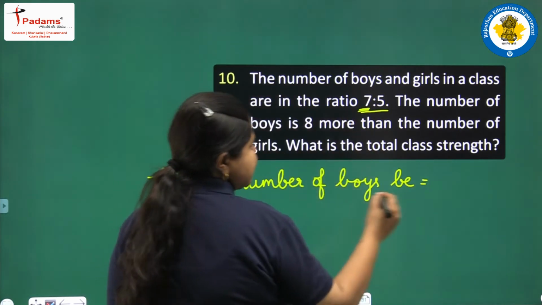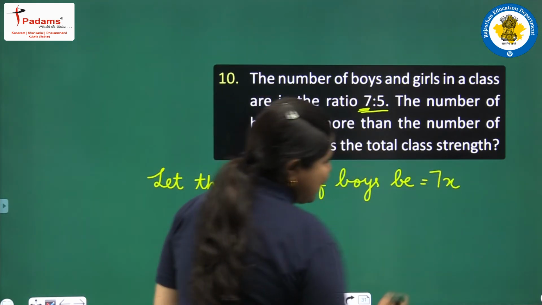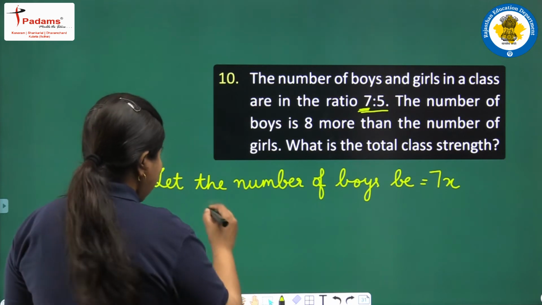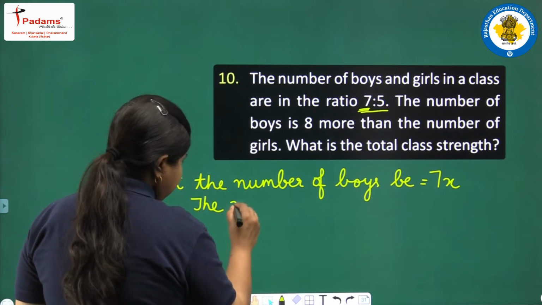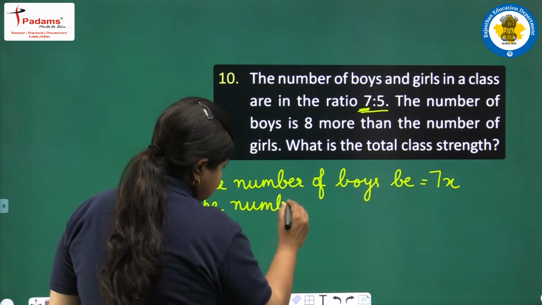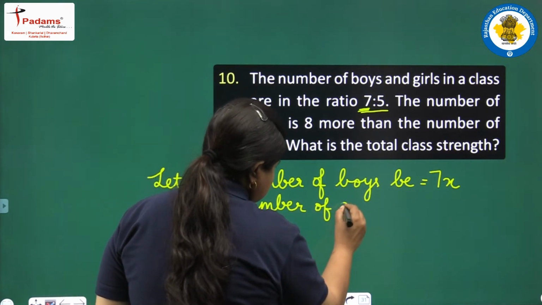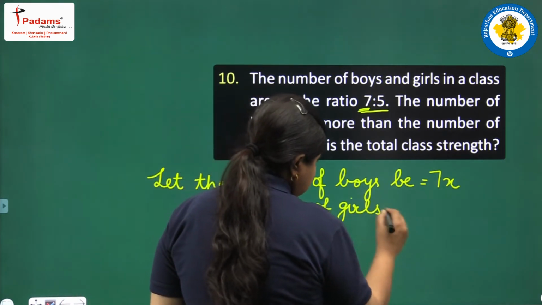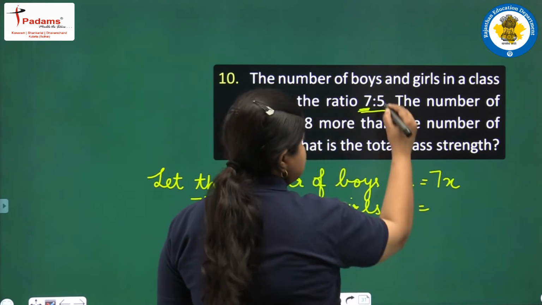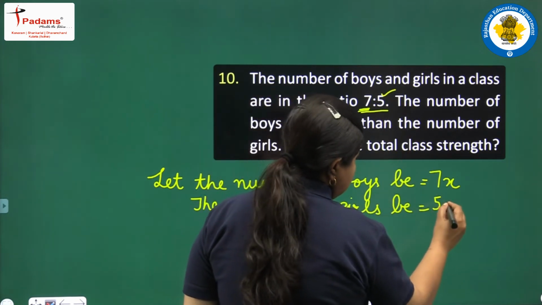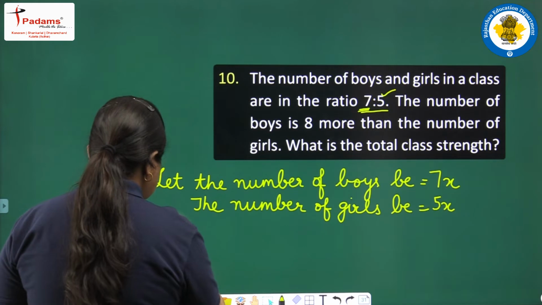Yes, 7x. Simply multiply by a number, say x, and the number of girls be how much? 5x.